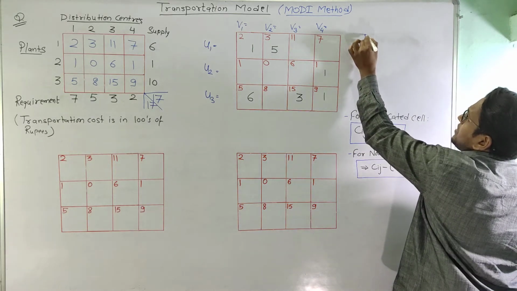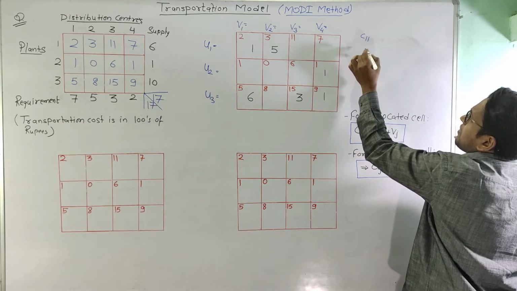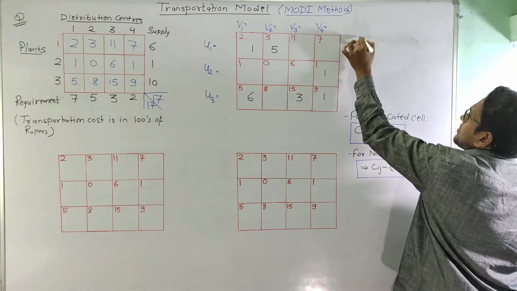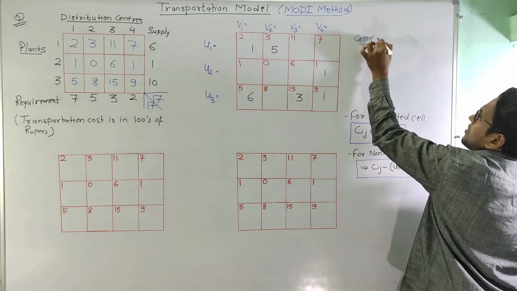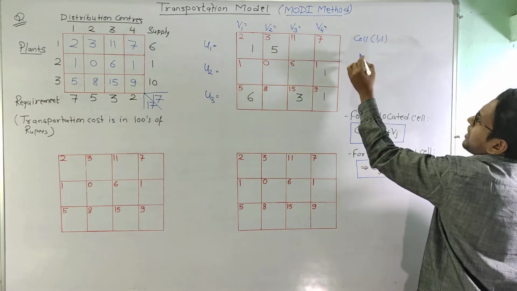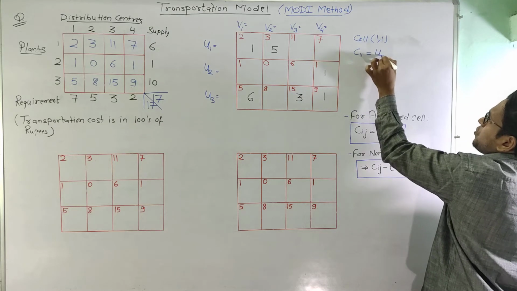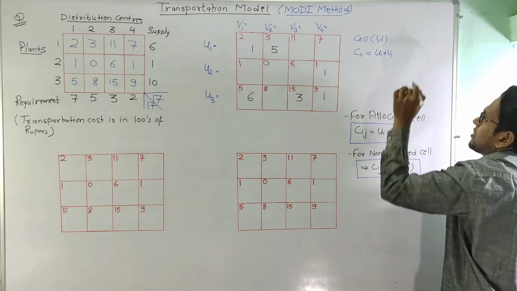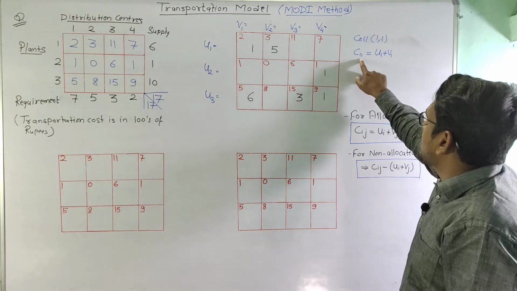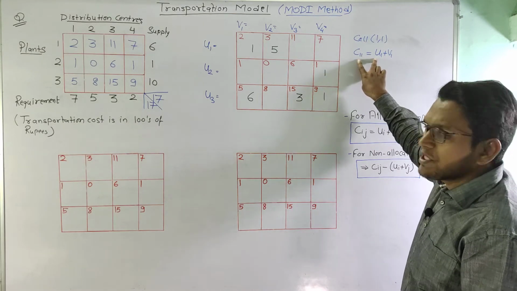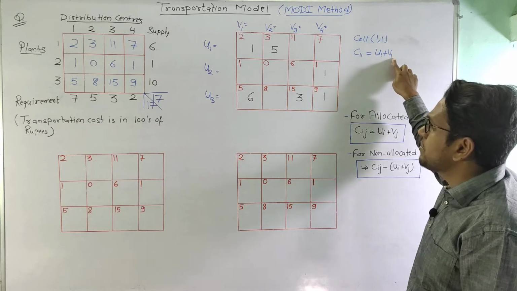Out of these three variables, if we know any two, we can find the third.